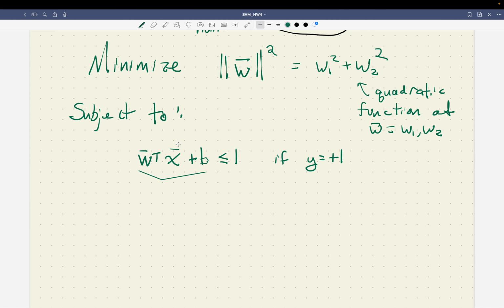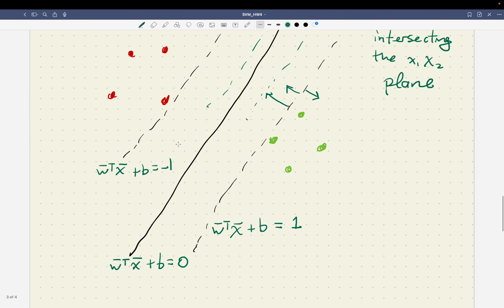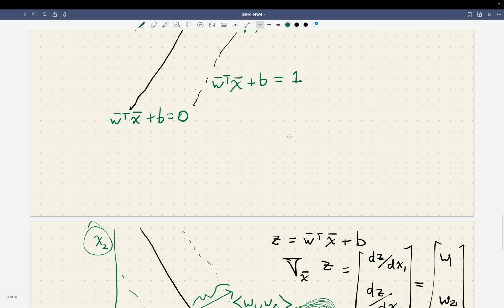So the corresponding label is equal to positive 1. To come back here, that's saying that you can't have this margin go on the other side of these green points because that would violate that condition. So what that condition is doing is forcing the margin to be on the right side of the positive instances.